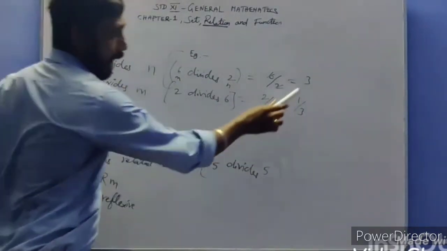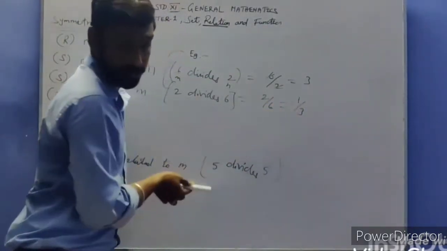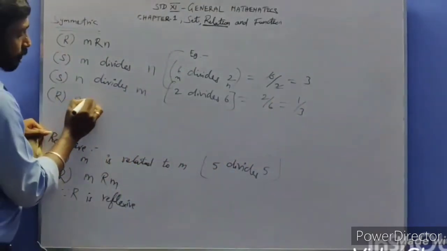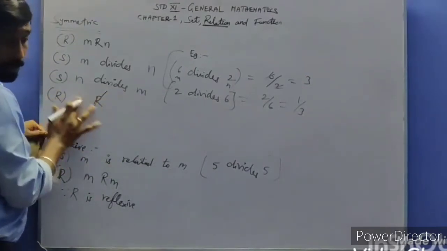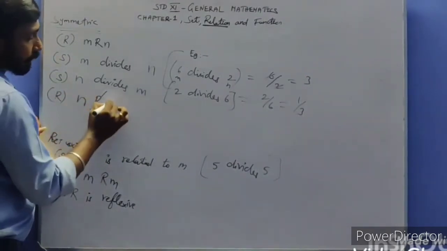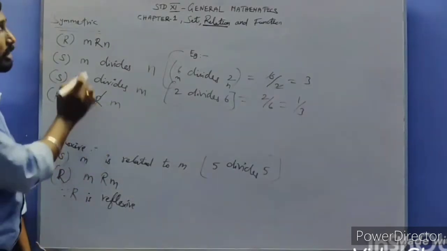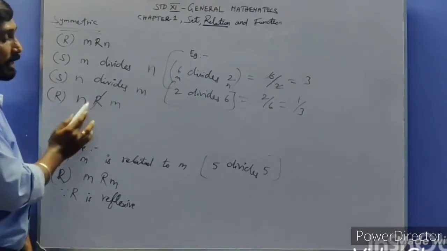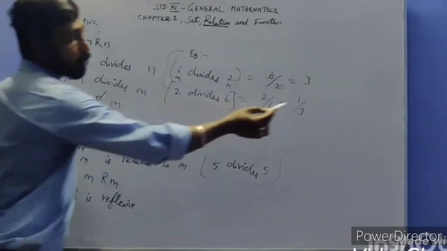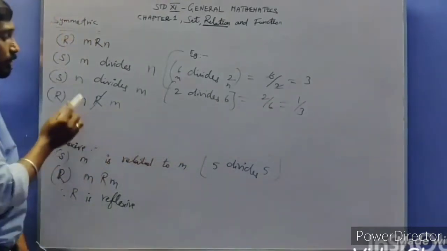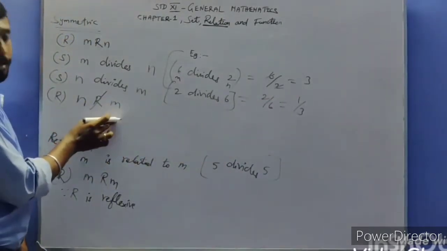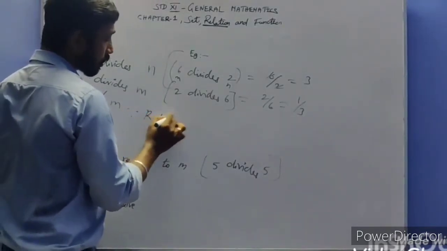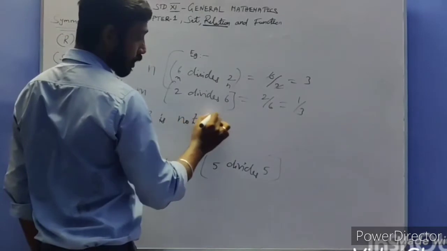Both answers are not the same, so N is not related to M. Therefore R is not symmetric.